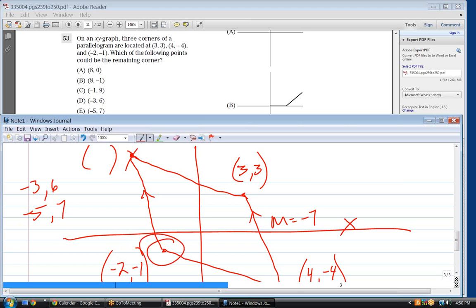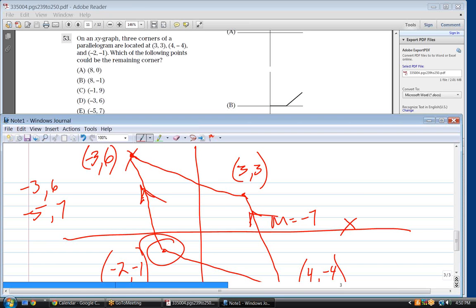Negative 3, 6. Yes. In other words, negative 3, 6 gives us a slope of minus 7. Okay. So that certainly could be correct. Now, all that tells us is that this side is parallel to this side.